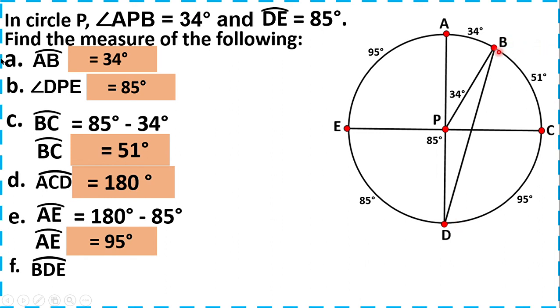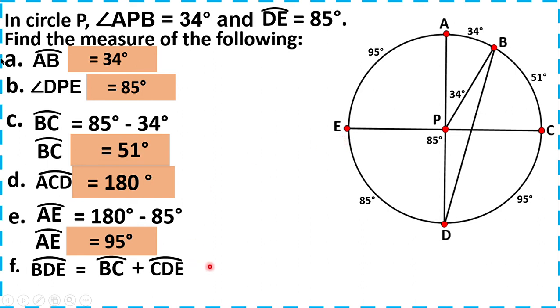So, add lang natin yung arc BD at saka yung measure ng arc DE. So, arc BD, we have 95 plus 51, we have 146. So, 146 plus yung 85 degrees.